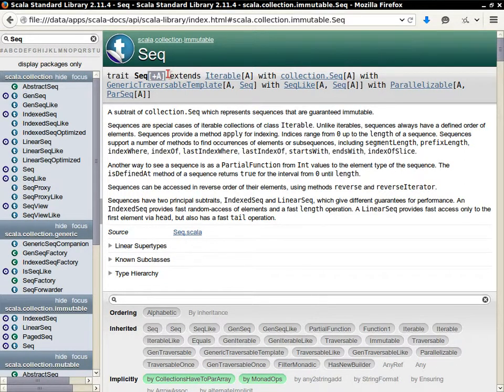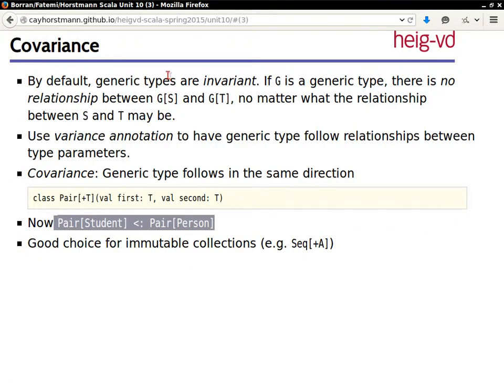If you have a sequence of students, that's a subtype of sequence of person. Anyone who processes a sequence of person will surely be able to take a sequence of students. And so by putting the plus here, we get the same behavior for the pair.